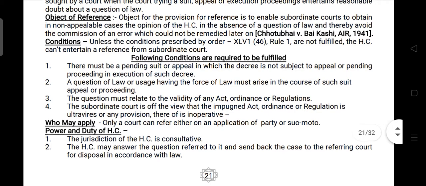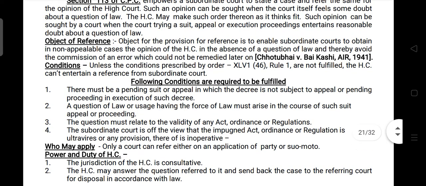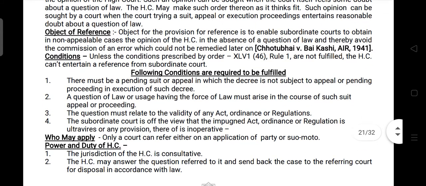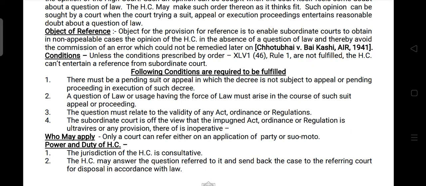What is the object of reference? The object of the provision for reference is to enable the subordinate court to obtain, in non-appealable cases, the opinion of the High Court on a question of law, and thereby avoid the commission of an error which would not be remedied later on.